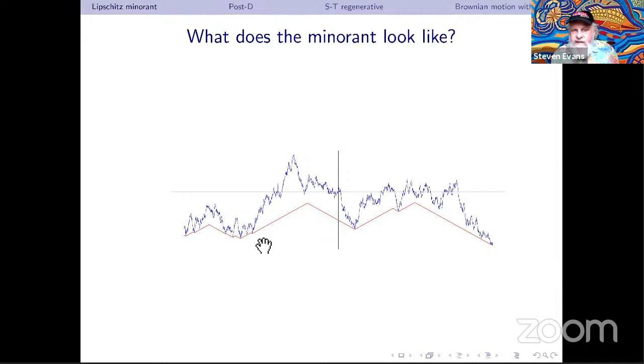It has segments that are of this sawtooth form. It rises with slope alpha up to a local maximum and then decreases with slope minus alpha. And we'll see that that is typical behavior.